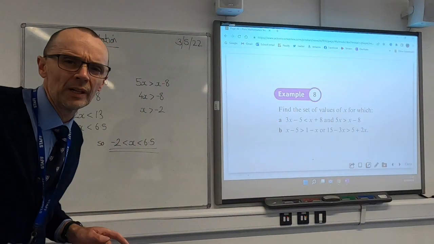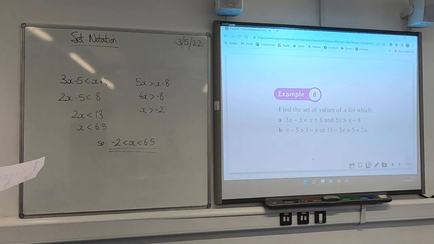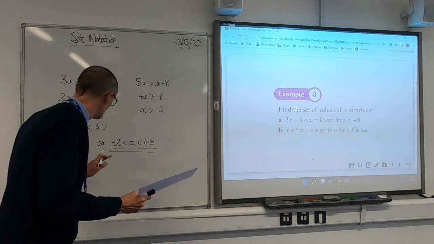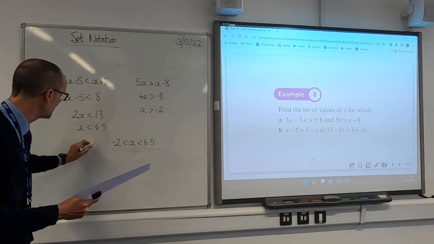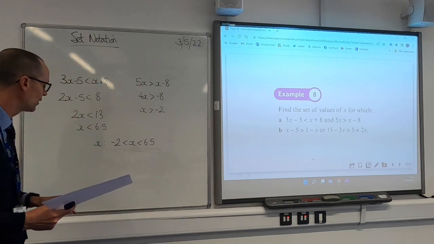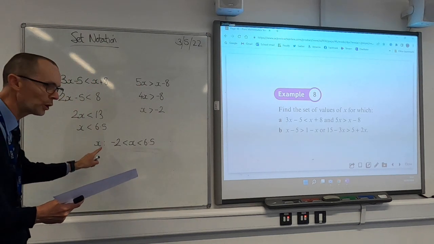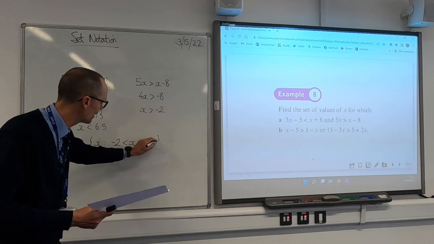Okay, so the answer to that first one looks like that. If the question said giving your answer in set notation, and this is only an issue if it does say that explicitly, all we would do is change it. We would say x is a member of the set of those numbers there, so that's x colon that, and we would put that in the curly brackets.